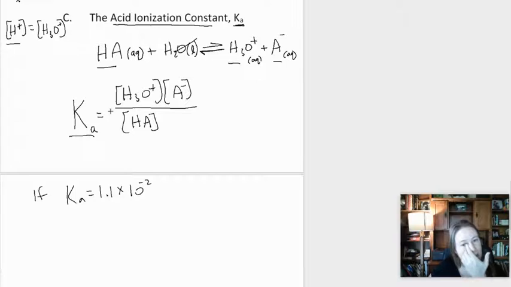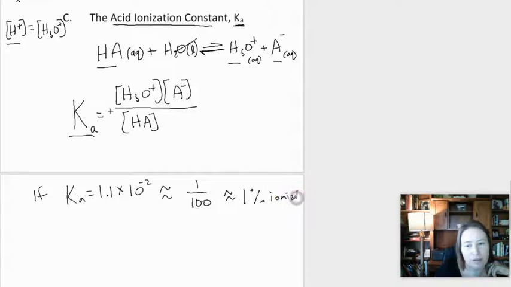That means it's approximately equal to 1 over 10 to the second, which is 100. So it's approximately equal to 1 over 100. That means that if you had 100 reactants, you'd get like one product. So it's about a 1% ionization. This is a very rough approximation.